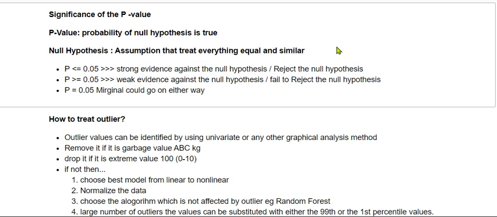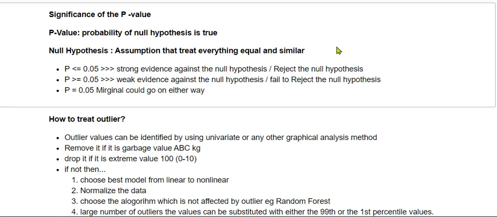You can take an example of a null hypothesis like the GDP. India's GDP before the pandemic and after the pandemic will remain the same. This may be a null hypothesis.